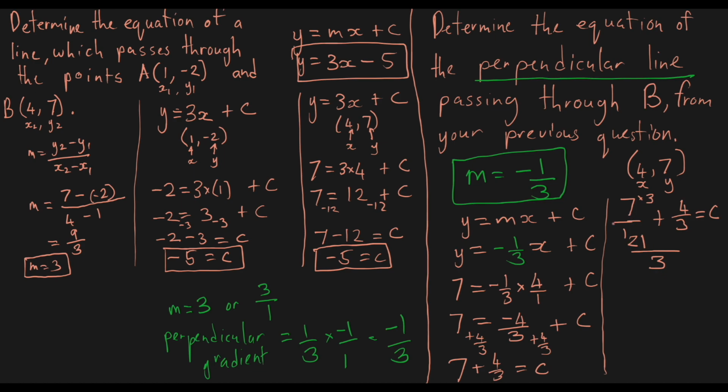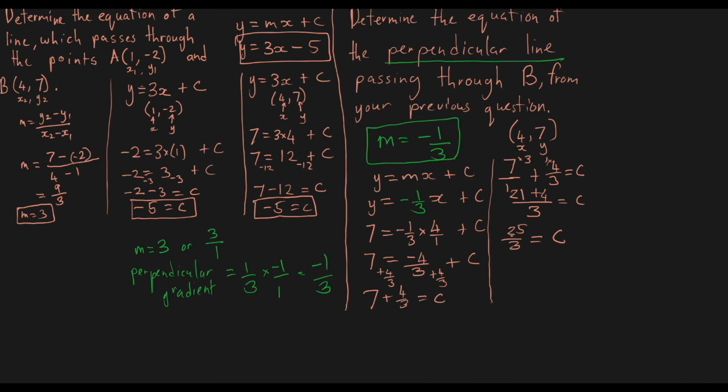Then 3 into 3 goes once, times 4. So 21 plus 4 is 25 over 3. So I have my y-intercept as well as my gradient. I can write my equation as y is equal to negative 1/3 x, and my c value is plus 25 over 3.